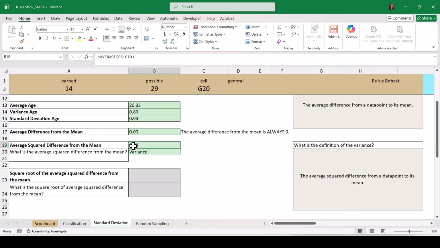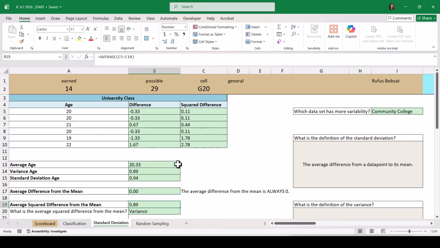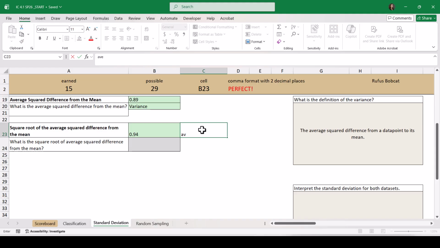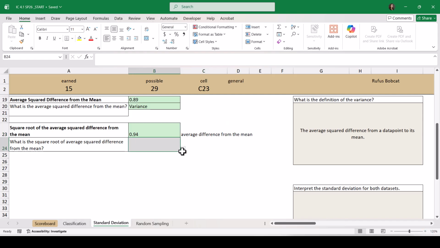Well, squared differences don't really make sense. It's hard for us to think what a squared value is. So what we do is we take the square root of the variance, and this is the average difference from the mean. And this is our standard deviation.